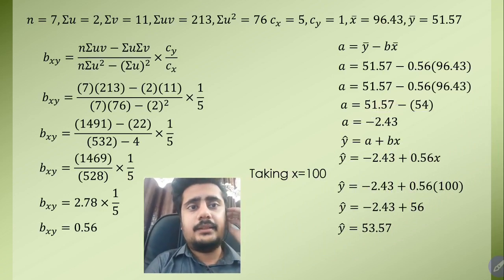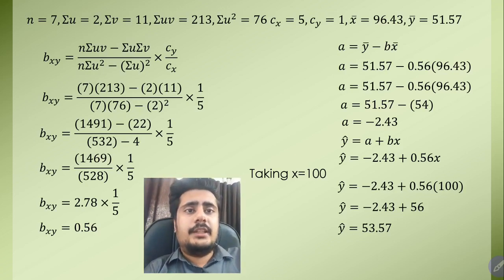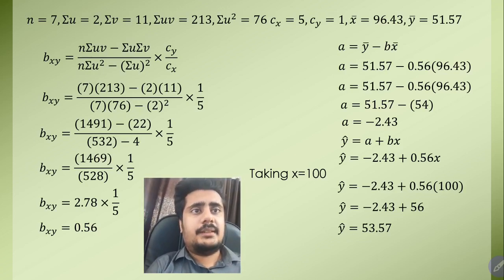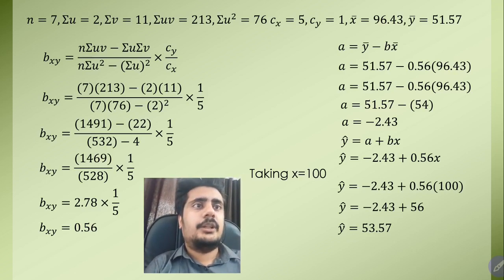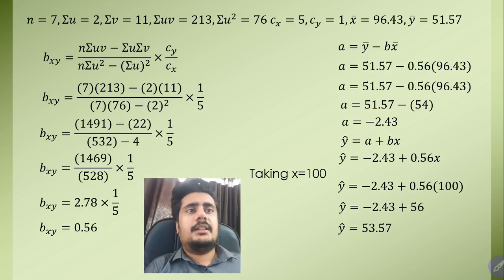N is 7, total of u is 2, total of v is 11, total of uv is 213, total of u square is 76, cx is 5, cy is 1, x bar is 96.43, y bar is 51.57.